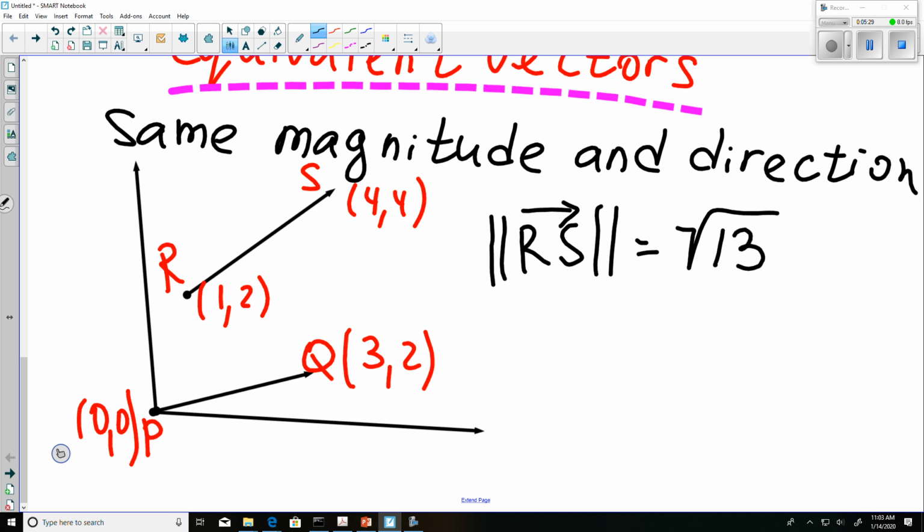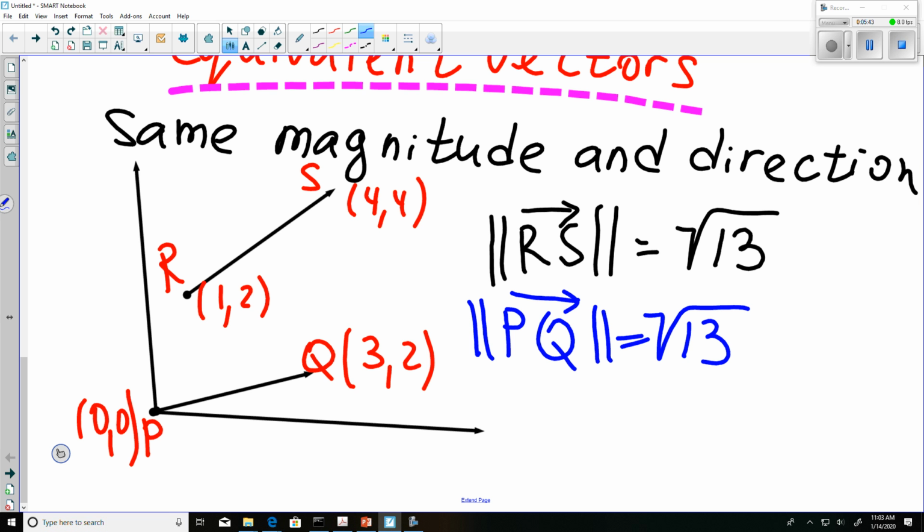I'm skipping this step because I think you know how to use the distance formula and Pythagorean theorem at this time. PQ should be, please tell me who got the number for PQ. Root 13. We got the magnitudes. How do we find the direction? What's the direction of the line? Right, but they both point into the upper right corner. But I need to be a bit more specific.